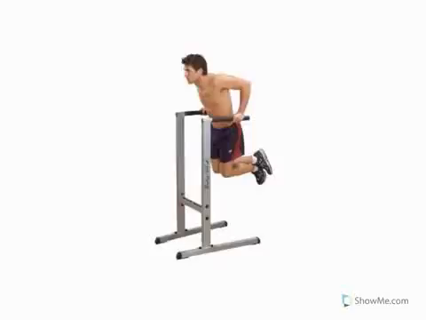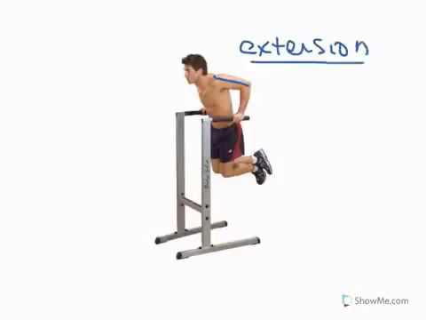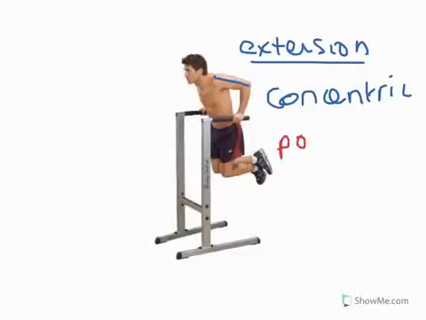Now in a simpler example, we're going to have a look at a tricep dip. We would describe the position of the shoulder here as extension, because it's out behind the body. And we would describe this type of contraction as concentric, because the muscle group is shortening as a contraction. Of course, that muscle group which is shortening we would describe as the posterior or back deltoid.